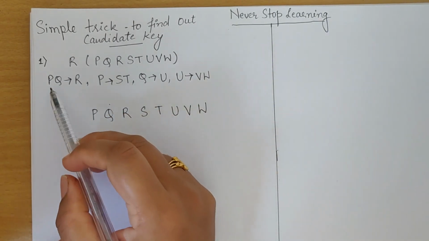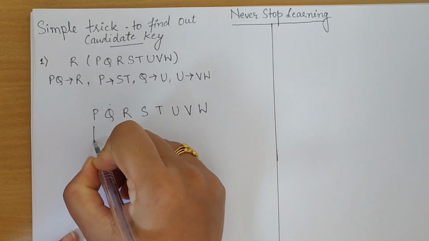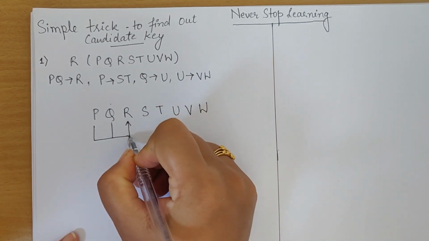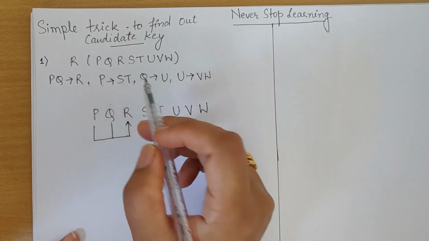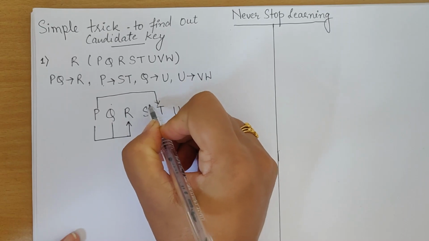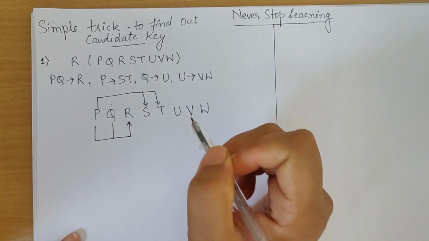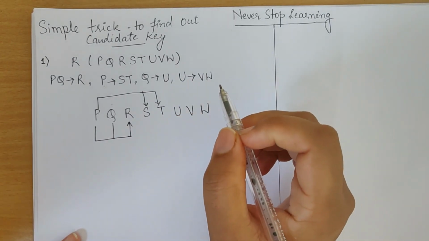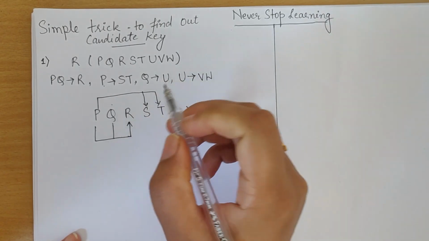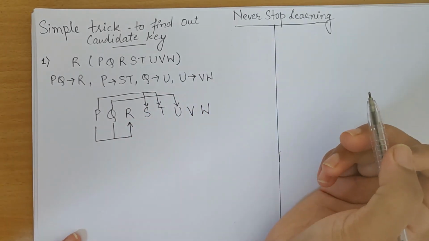Fine, let's find out. PQ is sending direction to R. P and Q together are sending directions to R. Okay. Next, P is sending directions to S and T. So we will take 1, 1, 1, 1 functional dependency, and we will find out the direction, right? Next, Q is sending directions to U. Okay.